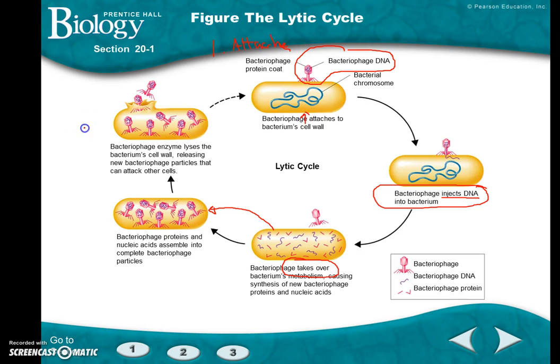And then step 4 is where the host cell bursts, and now the virus particles are free to invade more cells. So step 4, burst and infect more cells. So our one virus particle has become 7. If that happened again, our 7 would become 49, and then our 49 would become a really big number.